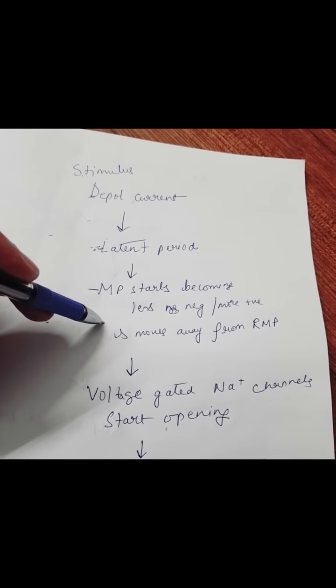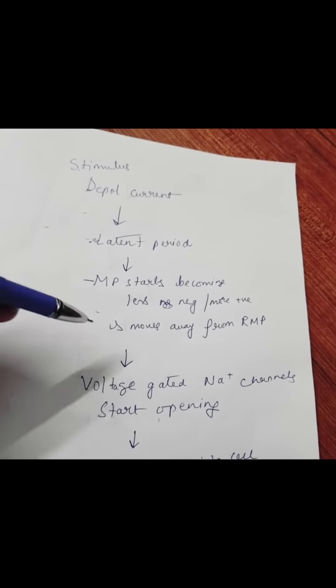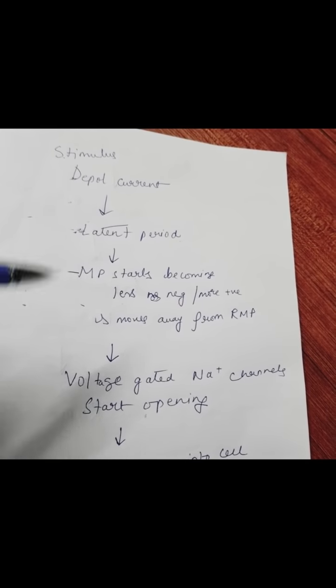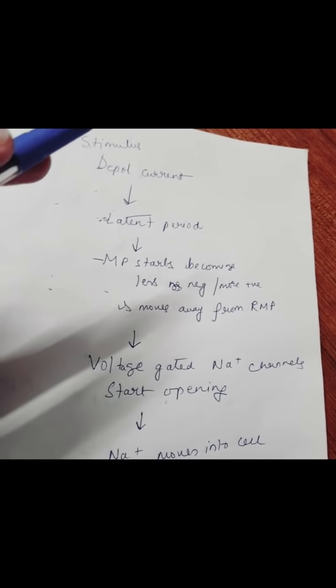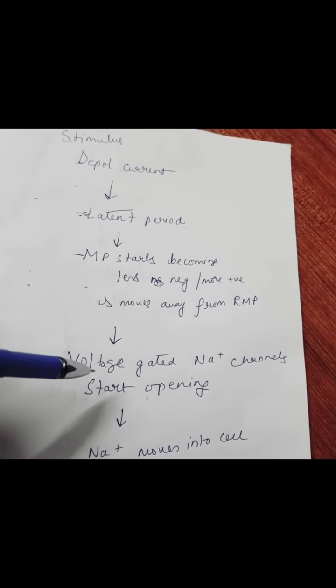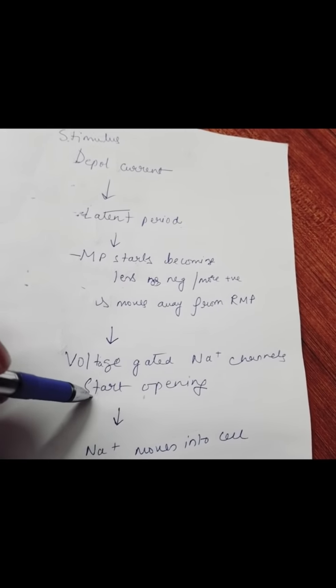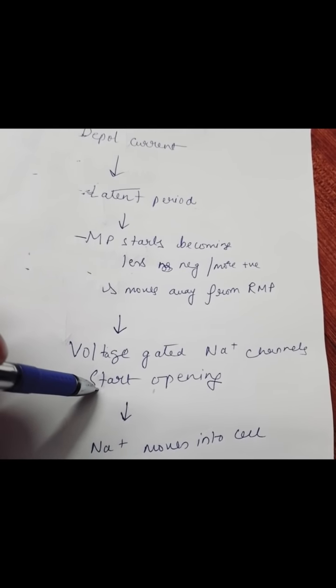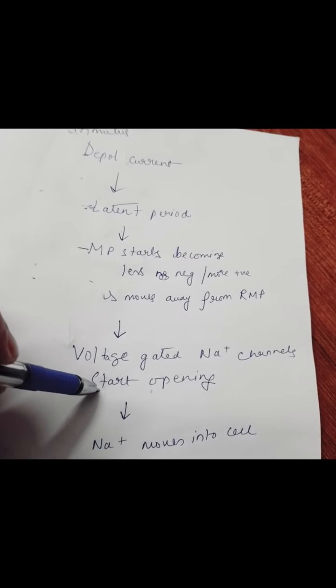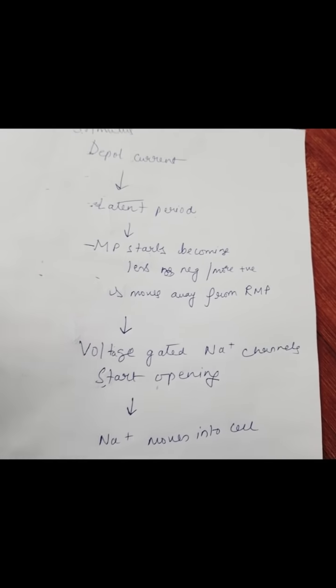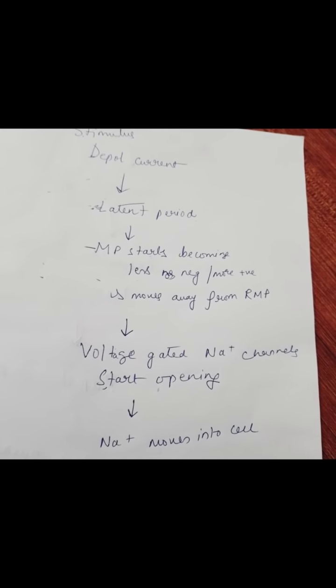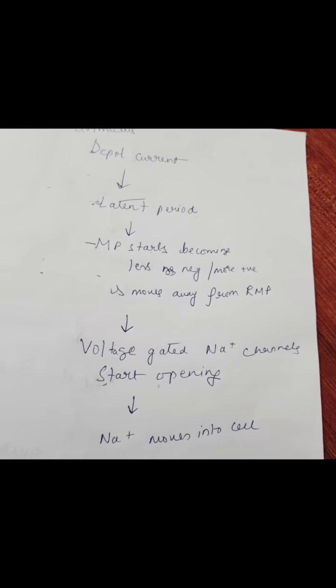Okay, due to this change in voltage, that is the membrane potential becoming more positive or less negative, the voltage gated sodium channels start opening. Not all of the sodium channels open. Some of the sodium channels start opening in response to this voltage change.